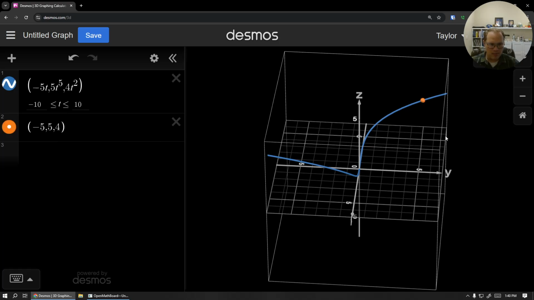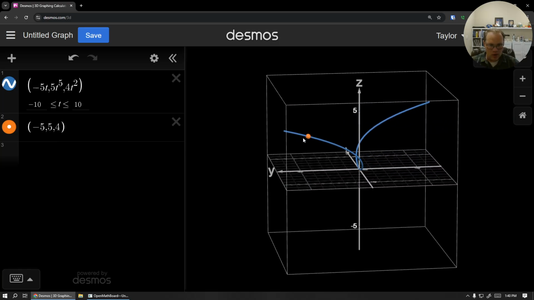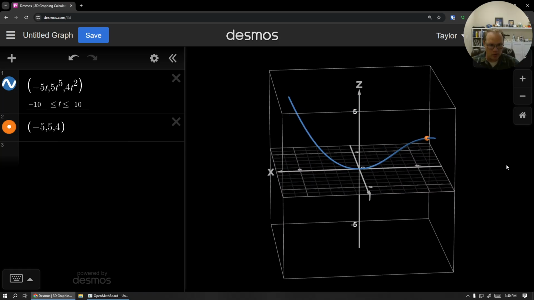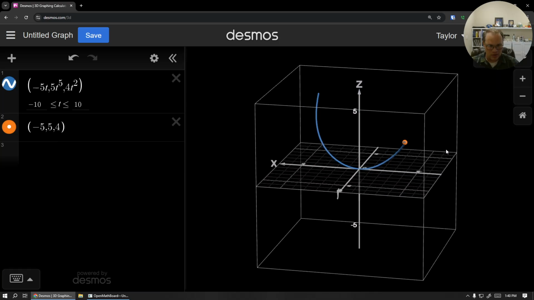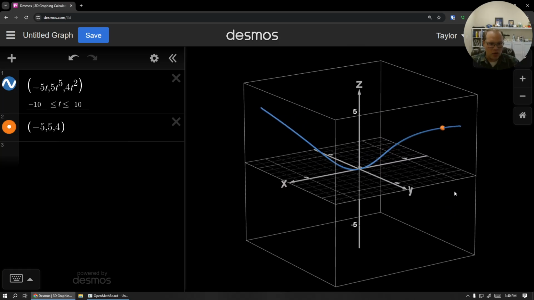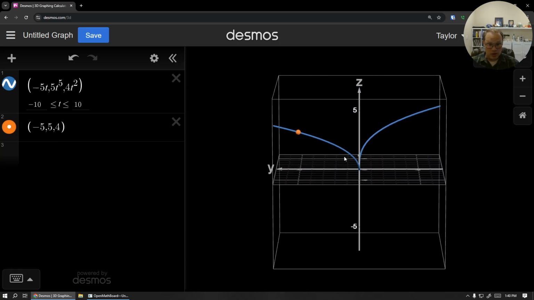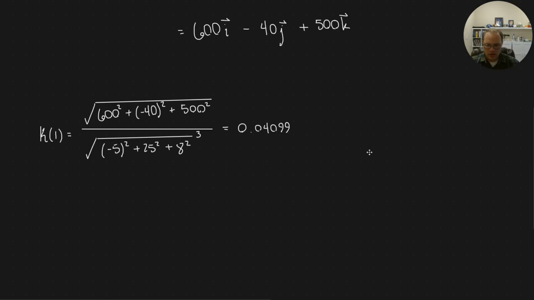So if we plot that point, that is where we are measuring the curvature at. And just looking at it, it looks almost flat, doesn't it? It does not look very curvy at all. And so our answer jives with the test of common sense, okay? We look at this and we're like, there's not a whole lot of curvature. And if we look at our answer here, this is a small number, so we would not expect a lot of curvature.